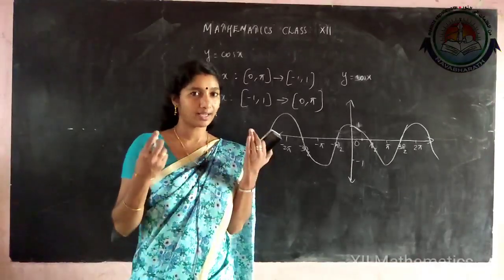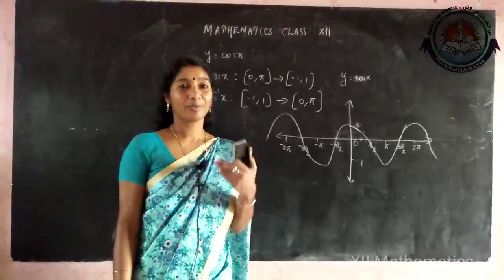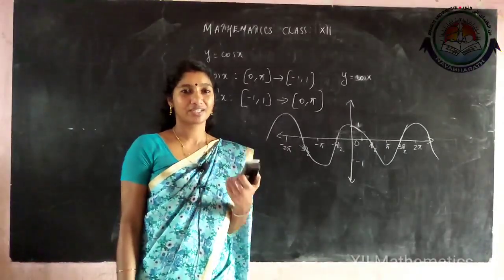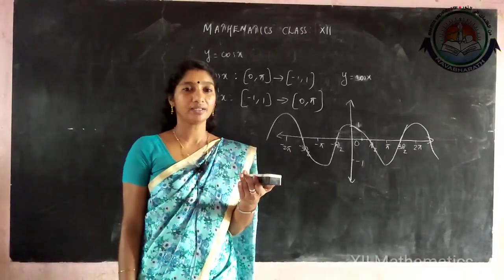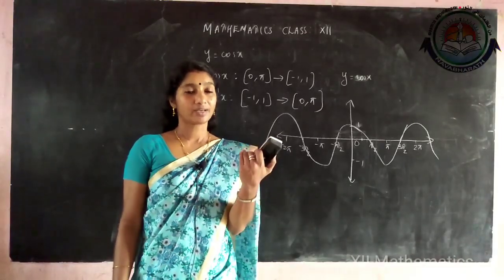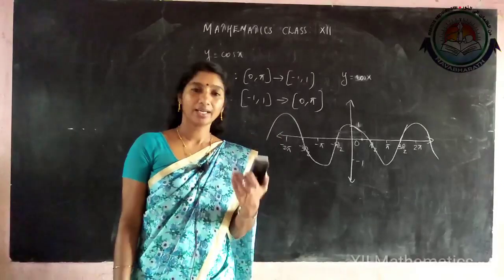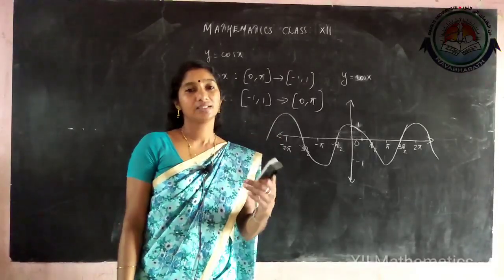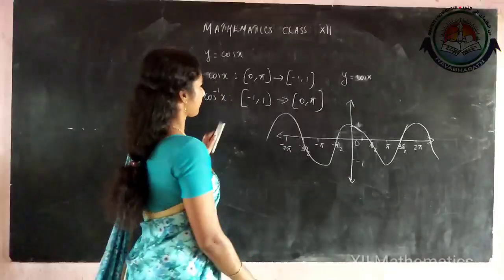Only to get the idea, I explained this graph. Which idea? How the domain and range will come for the inverse function and how it can be defined. The domains of the trigonometric functions we need to restrict.